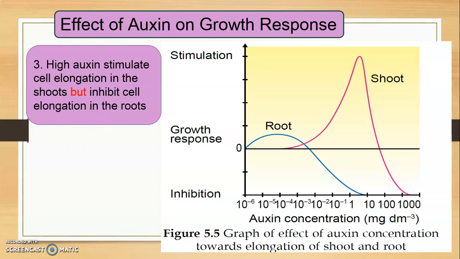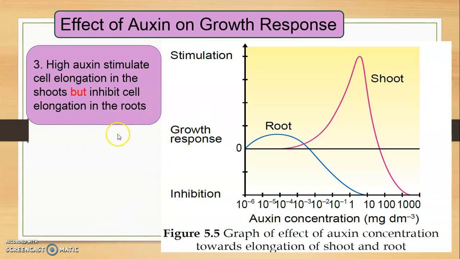Kepekatan auxin yang tinggi akan merencat pemanjangan sel di akar. What we need to remember here: high auxin in the shoot will stimulate the elongation of the shoot, but high auxin in the root will inhibit the elongation of the root. Pastikan kamu faham konsep ini ya.